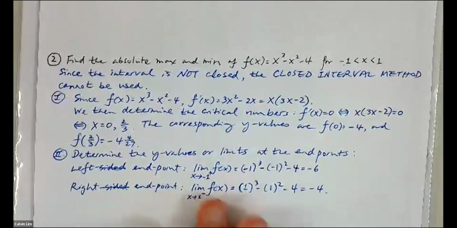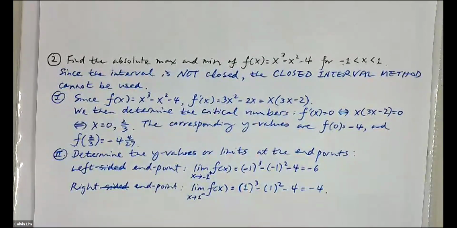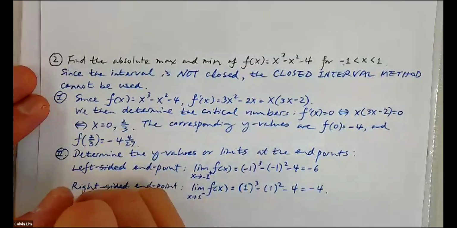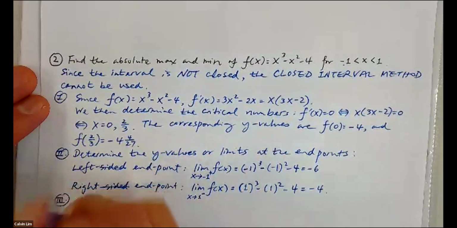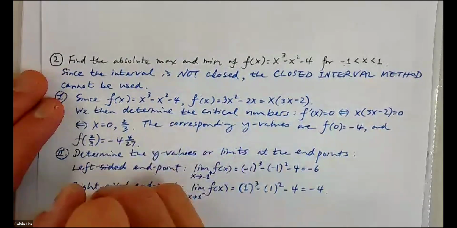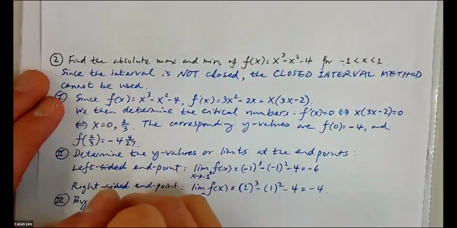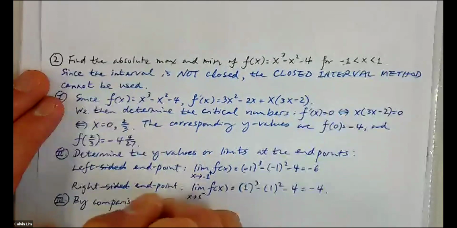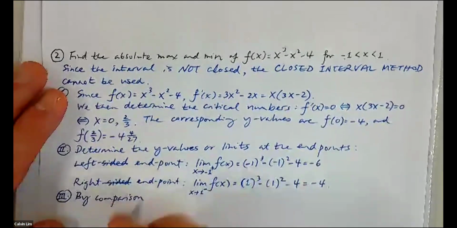So once you have found all these y values and limits, what do you do? It's the same procedure as the closed interval method. It's just that we don't call it the closed interval method because the interval is not closed. You still have to specify what you are doing and explain, by comparison, an important phrase.